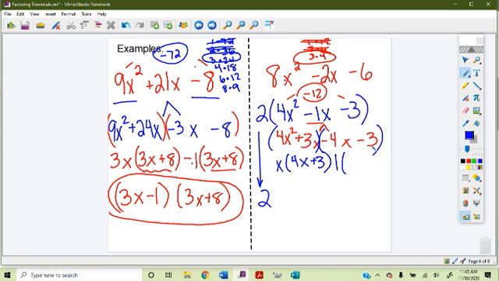But if I need all the signs to change so this matches that, I'll factor a negative 1. And that'll leave me with a positive 4x and a positive 3. So I end up with x minus 1, because my x and my negative 1, and 4x plus 3. And my 2 that I brought down and ignored gets put back with my answer.